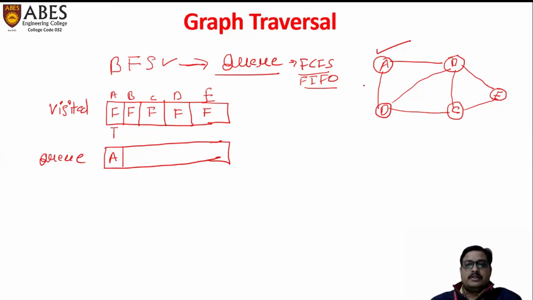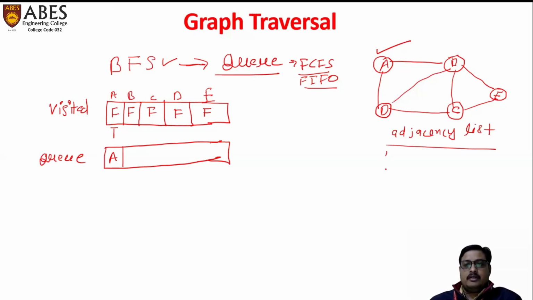We already know what an adjacent vertex is. All the vertices that are directly connected to a vertex are called adjacent vertices of that particular vertex. So rather than finding the adjacent vertices of each vertex every time, we can create an adjacency list for all the vertices. So let me write the adjacency list of the vertices.